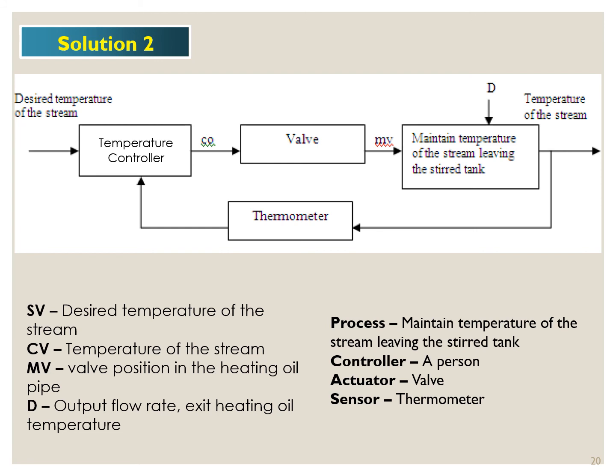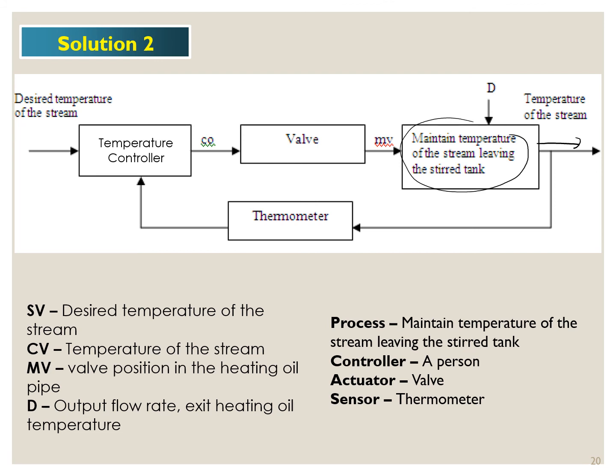So the process is in here. Maintain the temperature of the stream leaving the stir tank. So the output here is the temperature of the stream leaving the stir tank.